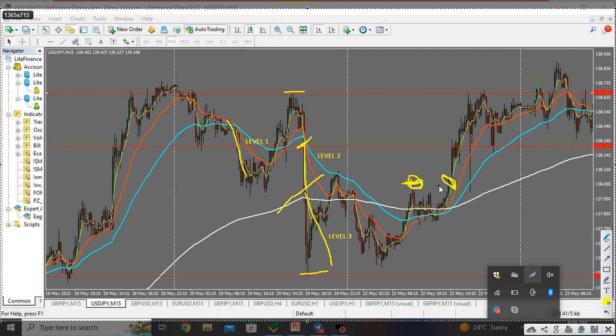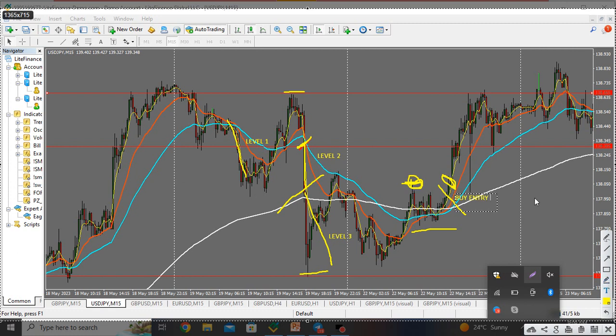So your entry was to be right here because it crosses above these 2 M. Your entry was here, then your stop loss somehow here, because there is somehow a distance. This is your buy entry.